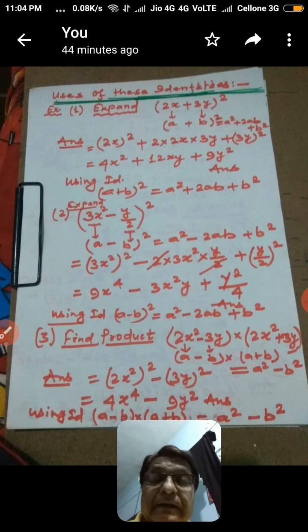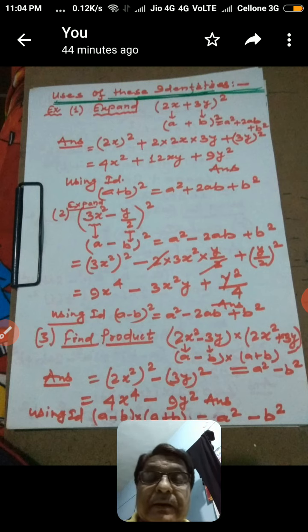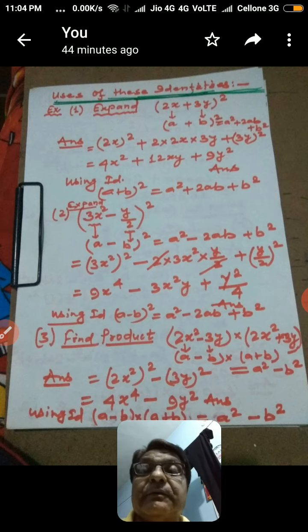This indicates that your question is in the form of (a + b) whole square, so the answer should be in expanded form, a square plus 2ab plus b square. It means in your answer there will be 3 terms, so it is called expanded form, that is vistar form. So following the answer, a square, but we write what our a is, that is (2x) whole square, plus 2 into a into b, that is 2ab.